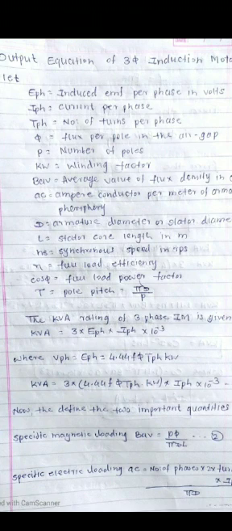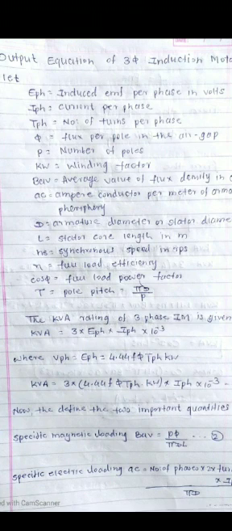Now we have to define two important quantities, specific magnetic loading and specific electric loading. We considered the same quantities when we derived the output equation of DC machines, so we consider them here also.